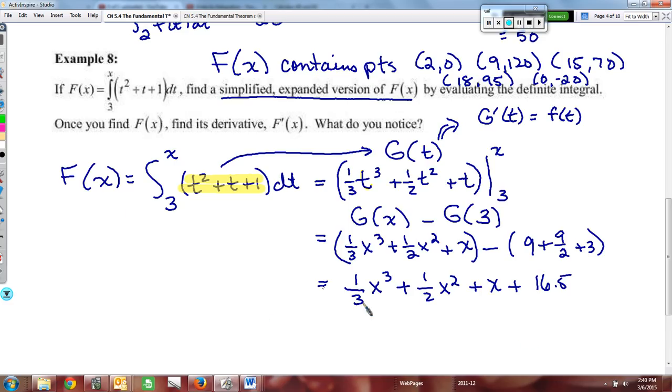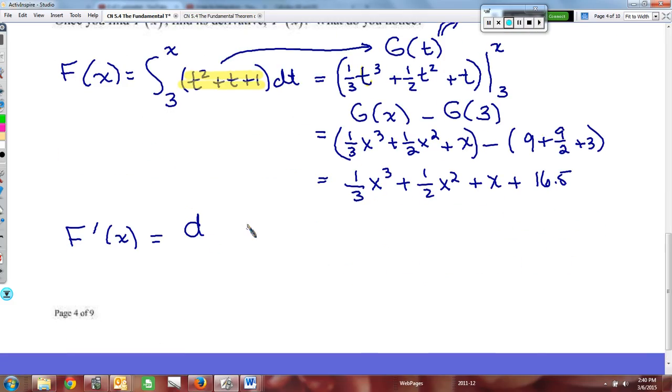Now, this is the function that we have, but do you notice something about that? They now want you, now that we found it, to take the derivative to find f prime of x, which means we're taking the derivative with respect to x of this expression that we started with, right?